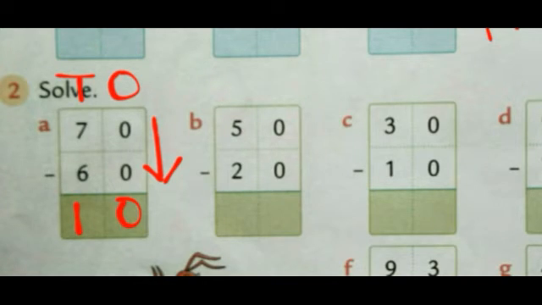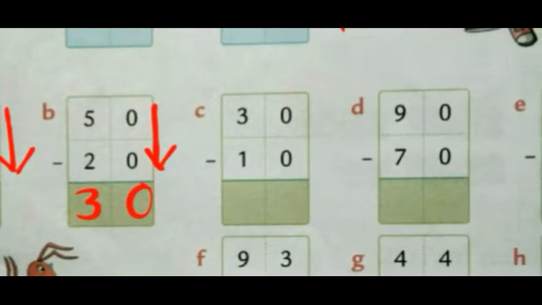Now see the next one. Again, always begin with the ones side. 0 minus 0, how much? 0 only. Now, step number 2, subtract the tens. What is 5 minus 2? 3. So 30 is the answer.